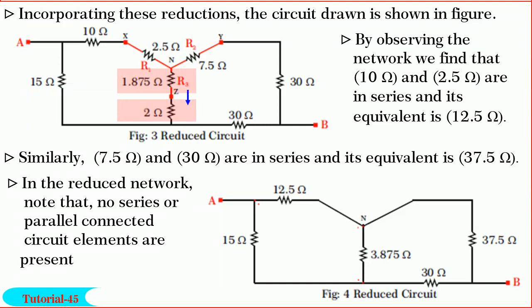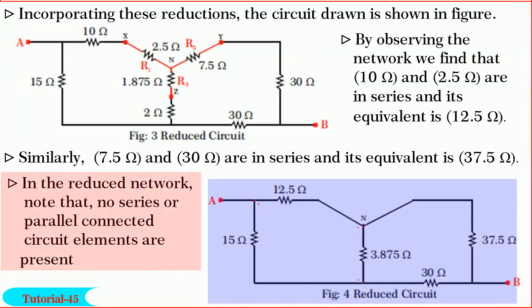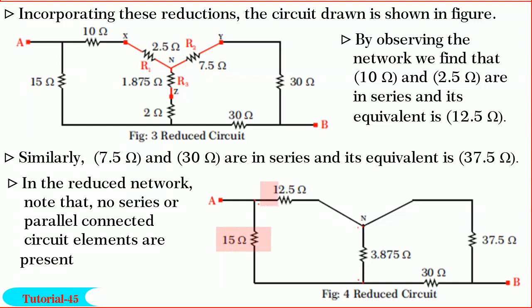Similarly, 1.875 ohm and 2 ohm are connected in series and their equivalent is 3.875 ohm as shown. Incorporating these reductions, the circuit drawn is shown in figure. Observe that in this reduced network, no series or parallel network elements are present. In fact, 15 ohm, 12.5 ohm and 3.875 ohm are in delta.